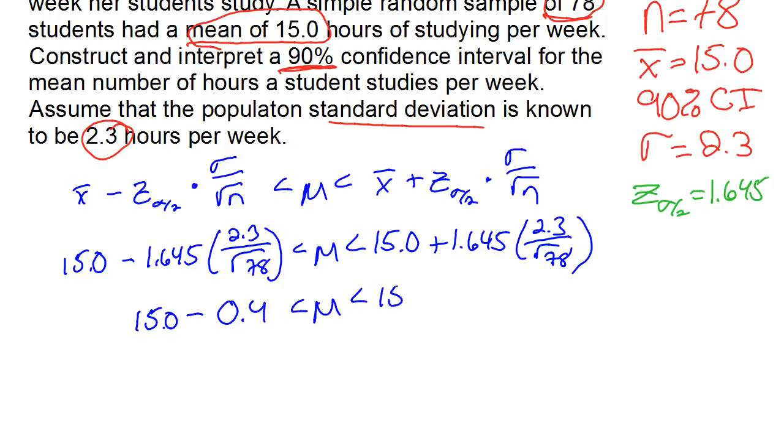And then if you notice, this is the same as this over here, so you should be adding and subtracting the exact same value on both sides. So you're going to take 15.0 minus 0.4, which is going to give you 14.6, and 15.0 plus 0.4, which will give you 15.4.